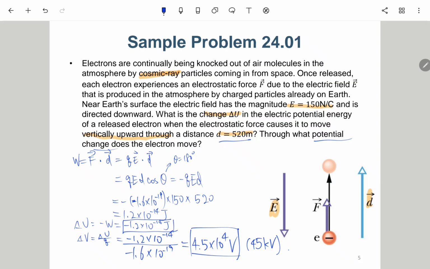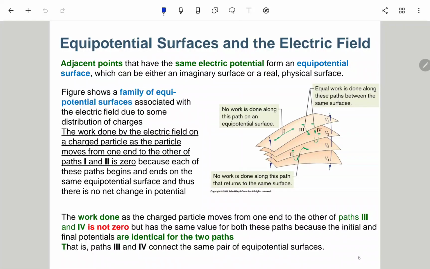Okay, so this is a very simple sample problem. Any question? Okay, let's move on. So here we try to introduce the equipotential surface. Equipotential surface.